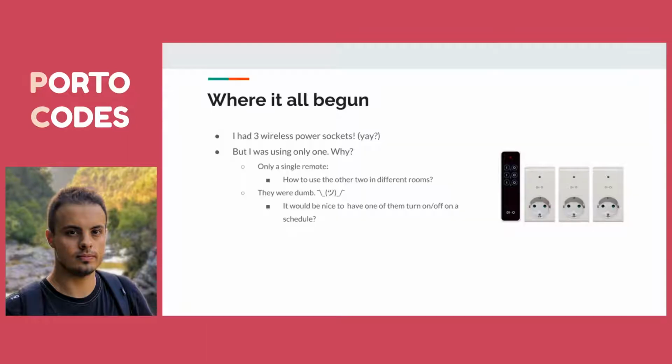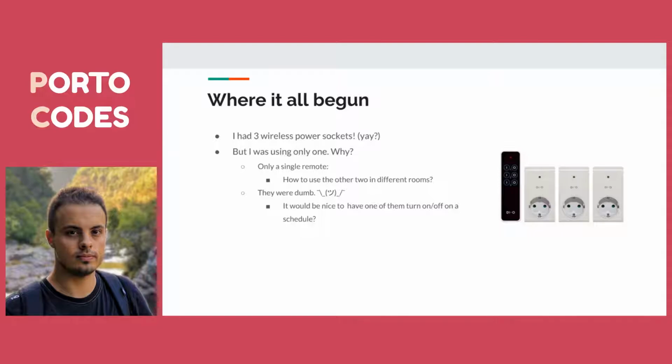So, where did this start for me? This started a few years ago, maybe 5 or 6 years ago. Someone gifted me some outlets like these, and they are pretty dumb. They have a remote with 6 buttons. Each button turns a plug on or off. Because of that, I was only using one of them, on a bedroom lamp.